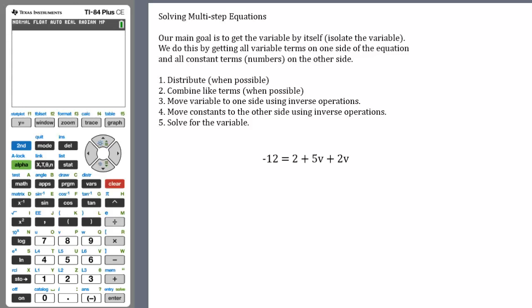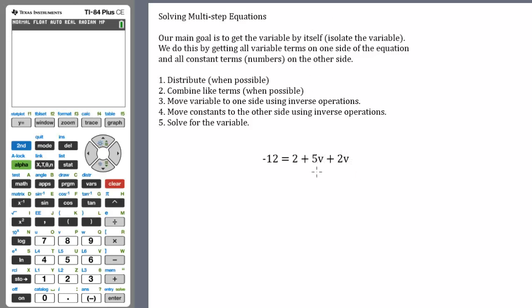So let's take a look at this one. We have negative 12 equals 2 plus 5v plus 2v. So let's think. What's the first thing you can do in this equation? Well, there are no parentheses, so there's going to be no distributing. So we're going to move right to step 2, which is combine like terms. Are there any like terms we can combine?